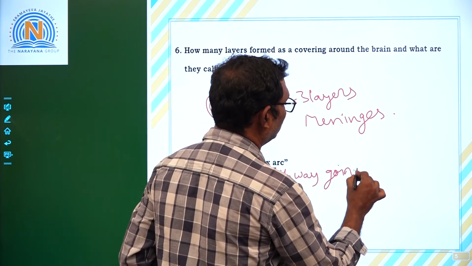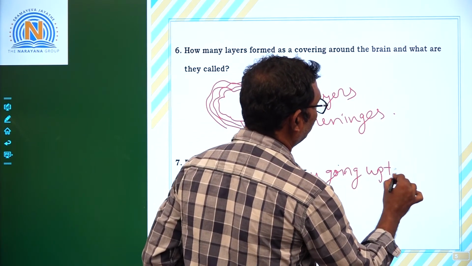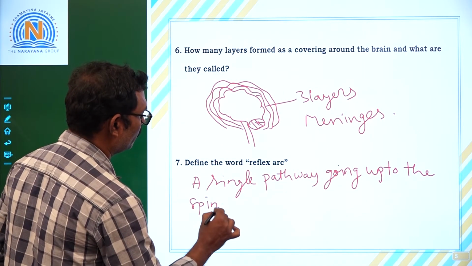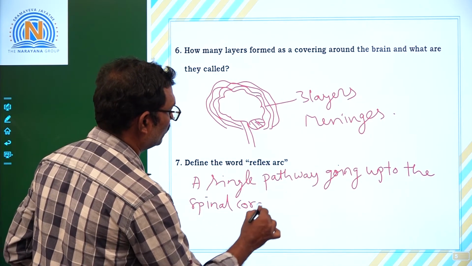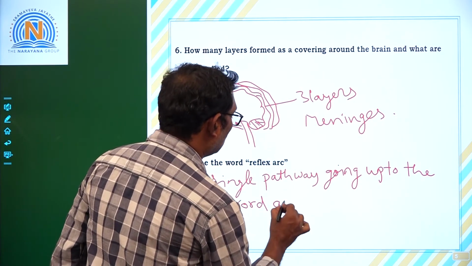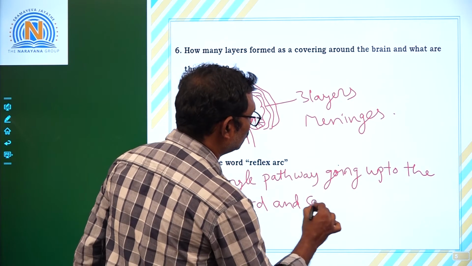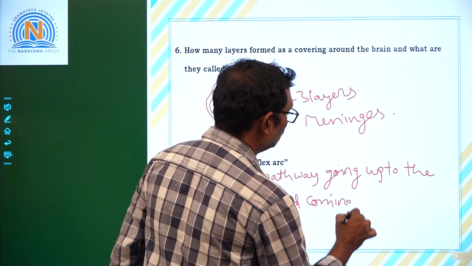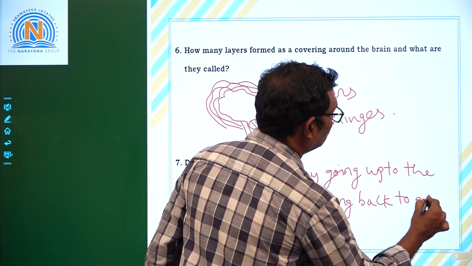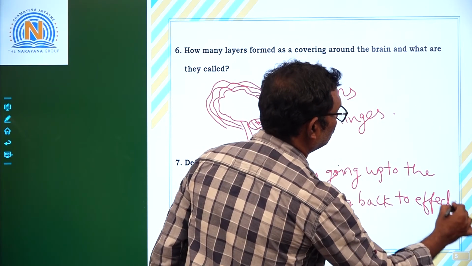A single pathway going up to the spinal cord and coming back to effectors.